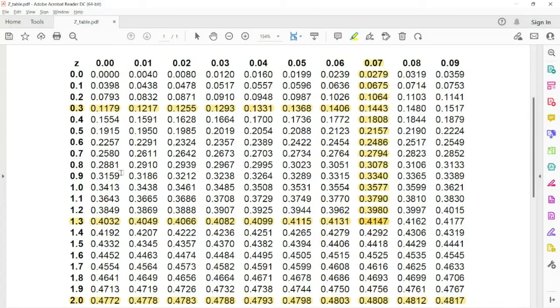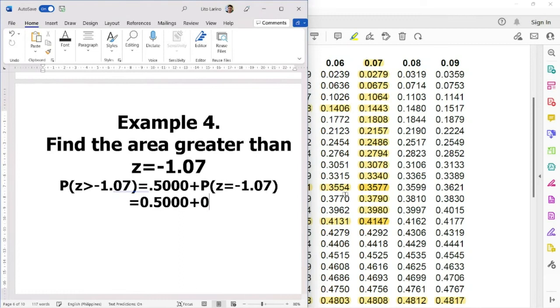Again, we will be looking at the same standard table. 1.07, it's here, 0.3577.